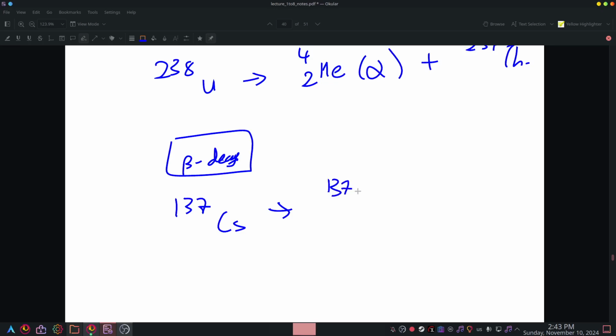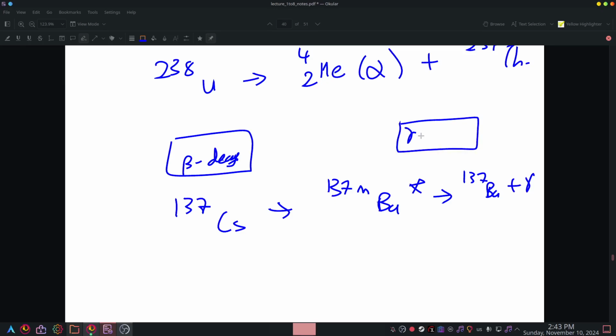What happens is that it can decay into a particle at an excited state. So I like to put this star down here, and then it will decay back to barium-137 plus this gamma ray. Okay, so this is gamma decay.